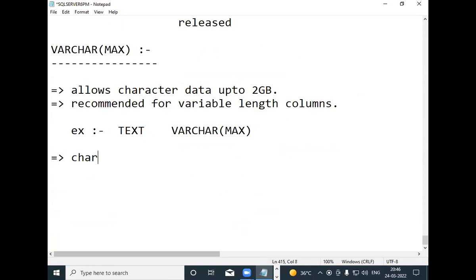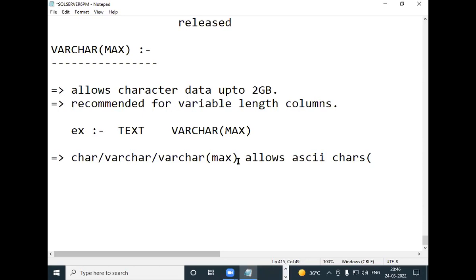So char, next varchar, and varchar max allow ASCII characters. You know ASCII characters?